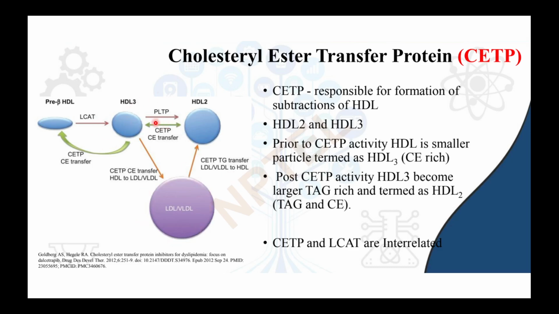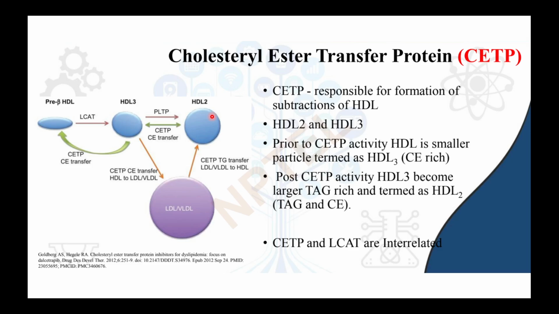HDL3 is a smaller lipoprotein which has cholesterol esters. Now these cholesterol esters are exchanged by CETP. CETP will transfer the cholesterol esters and acquire the triacylglycerol, converting HDL3 into HDL2.